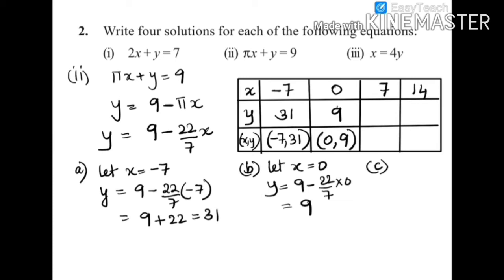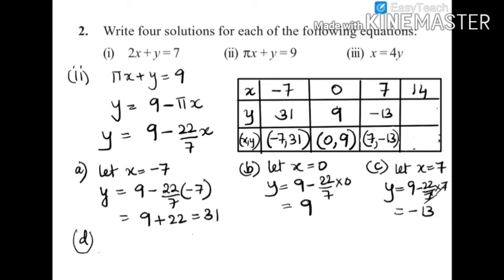Now let's take x as 7. So y will be equal to 9 minus 22 on 7 into 7. So 9 minus 22 will be minus 13. So the corresponding ordered pair is 7, minus 13.